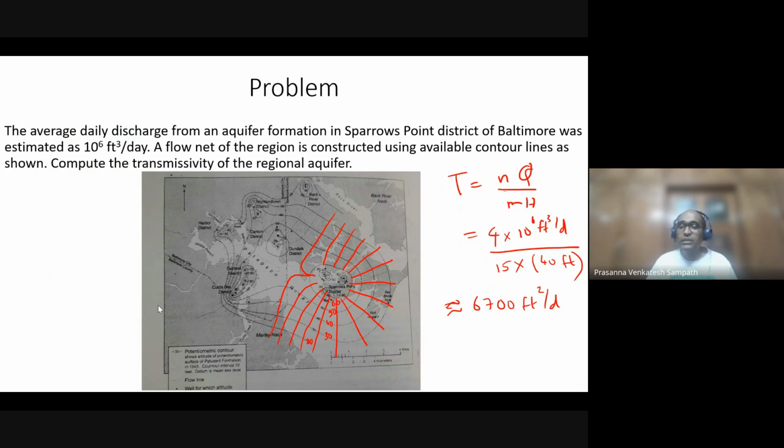The idea is to construct a square flow net so that I can exploit these simple formulas that we have. If you don't have a square flow net, you can't use that formula. It's not applicable to a non-square flow net. Of course, you will see even this is not a square flow net, but this is about as close as possible to getting a square flow net. It's not an ideal square flow net. That would be all straight lines and right angles. But this isn't quite that.